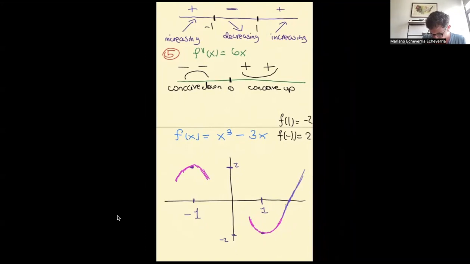Before -1 the function is also increasing, so the function is doing something like this. And between -1 and 1 the function is decreasing, so you join them like this. And that's more or less how the graph should look. Is that okay? Is that making sense?